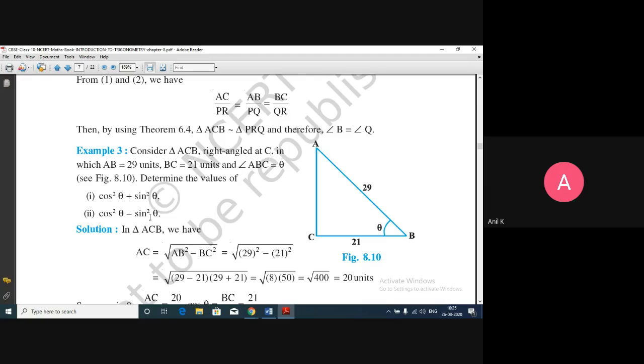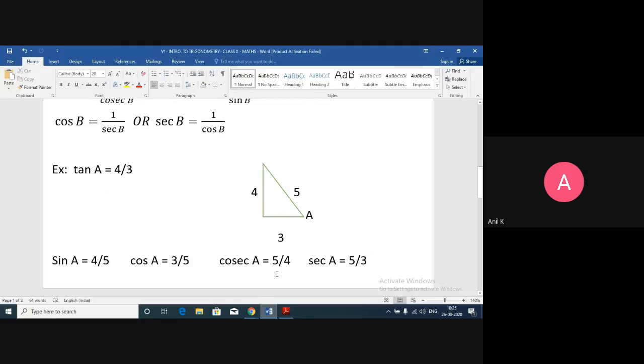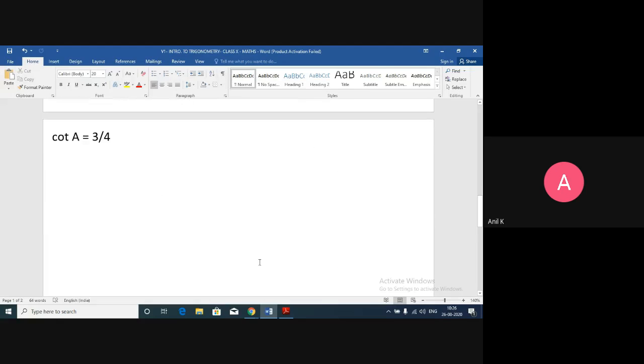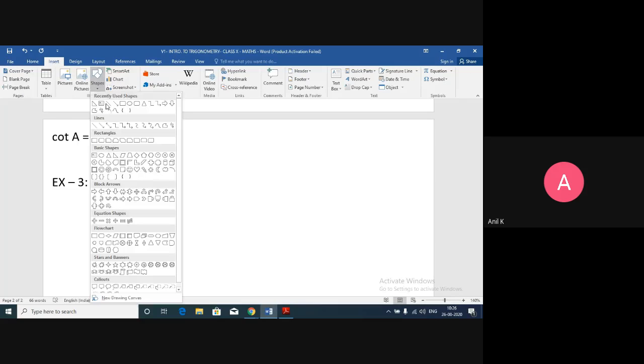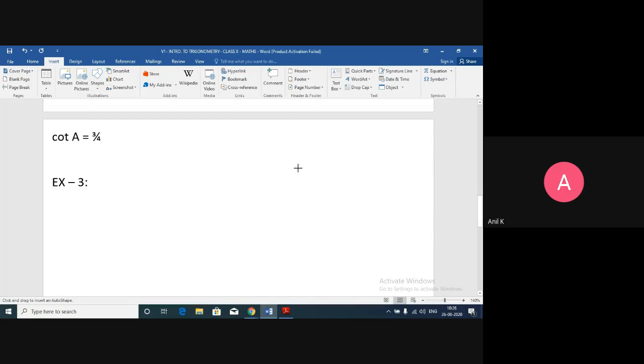To find sine and cos values, at least to find the sine value, I need the AC value. So how do I find the AC value? By using the Pythagoras theorem. So let me insert the diagram. Here is the right angle triangle.